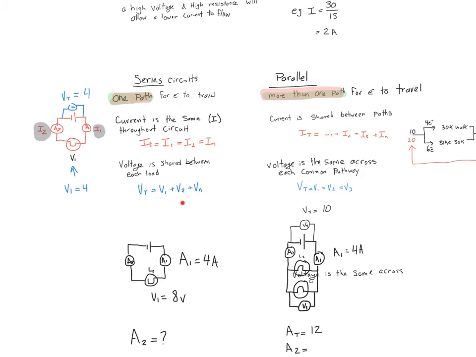And over here, the same is true for voltage, where here the voltage is shared and here the voltage is constant. And this was all discovered, or maybe it was theorized, by a guy called Kirchhoff, and we call them Kirchhoff's laws.